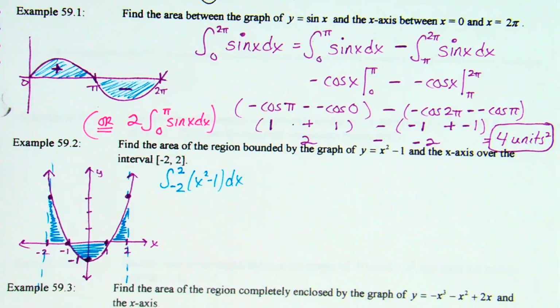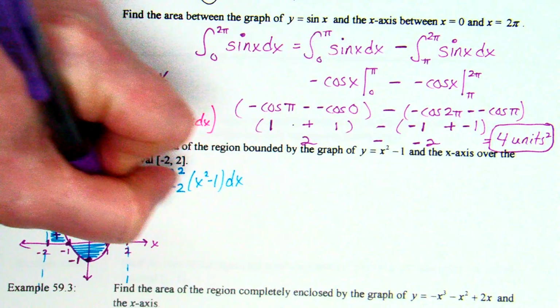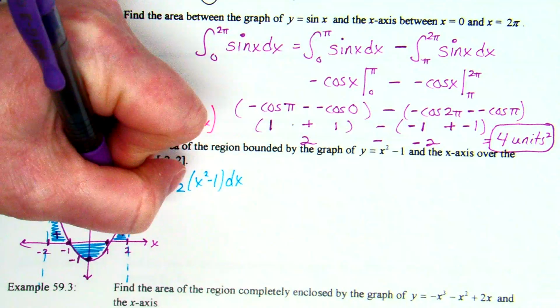No, because I have how many pieces here? We have 3 pieces here, don't we? 2 of these pieces on top, these 2 little triangle slivers, are going to be positive amounts. What about this piece down here? It's going to be a negative amount, so we're going to end up having to subtract it.